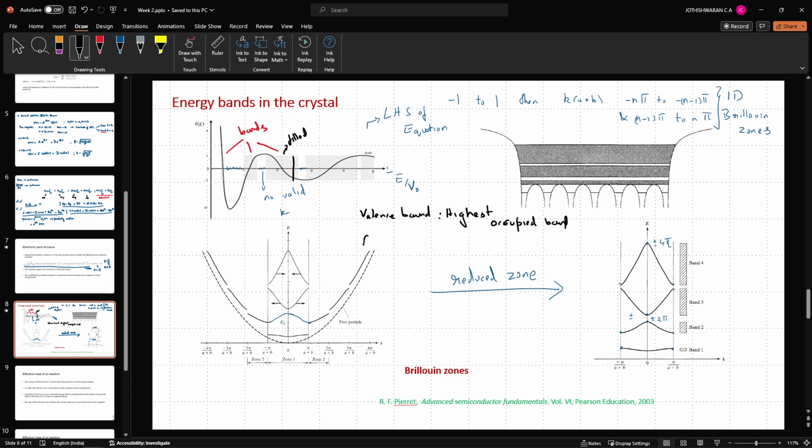And the conduction band is the lowest occupied band. Oops. Lowest occupied band for the system.